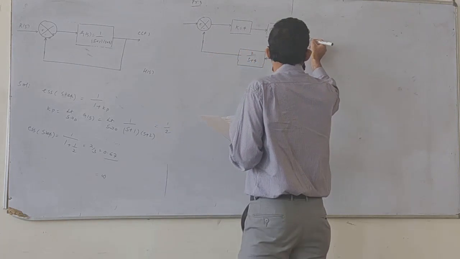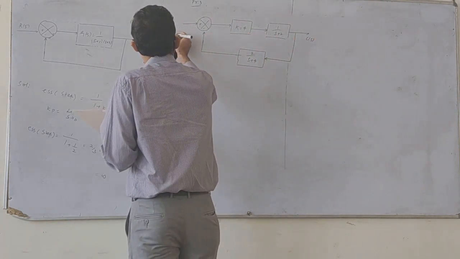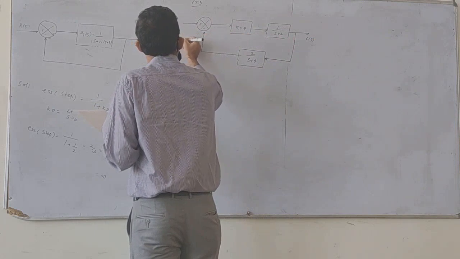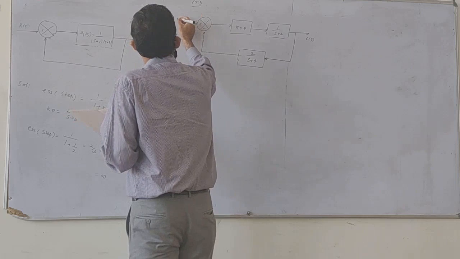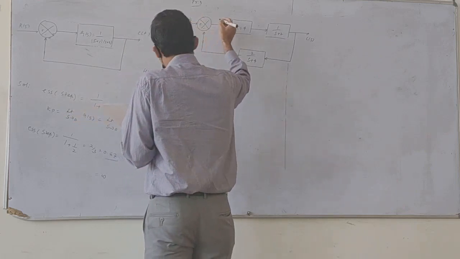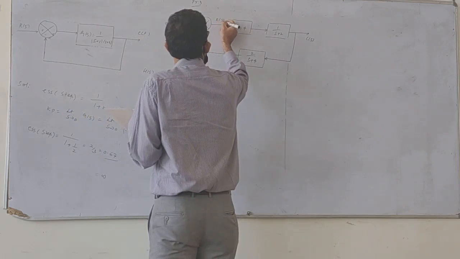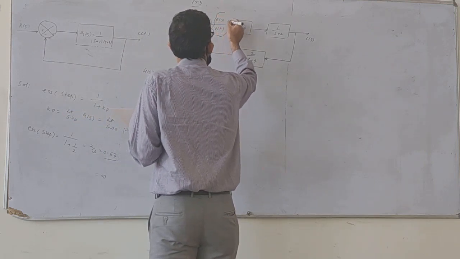So r of t is u of t. Let us find the steady state for the step input, and R of s is 1 by s. What he has written here, E of s or E of t, this itself was wrong.